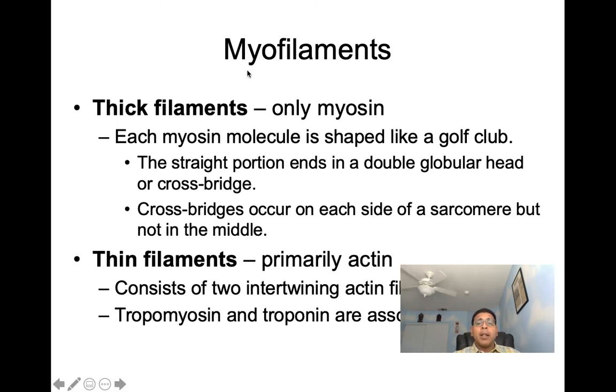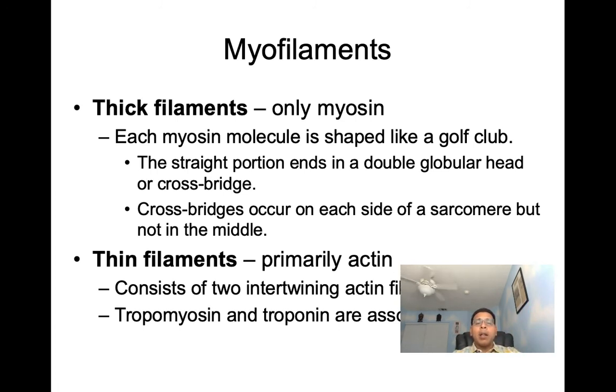Thin filaments then are primarily actin, and they consist of two intertwining actin filaments. Tropomyosin is going to be a rod-like protein, and it's going to cover the active sites on our actin. It blocks them and doesn't allow contraction to occur.